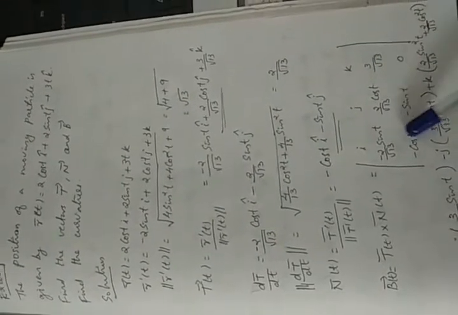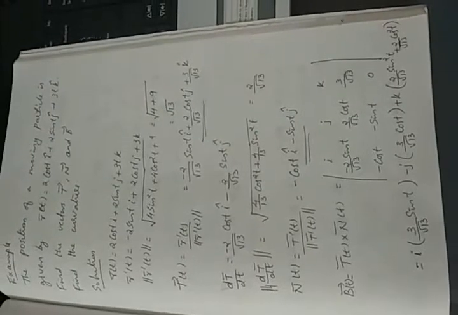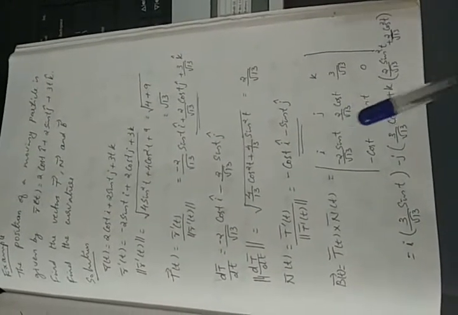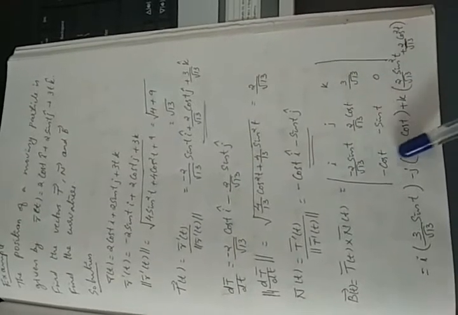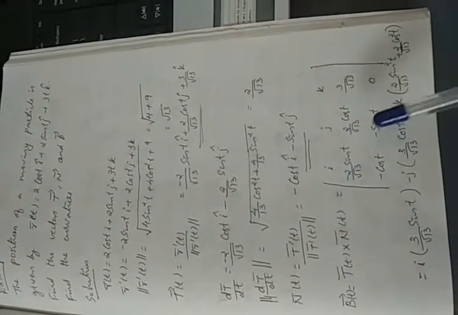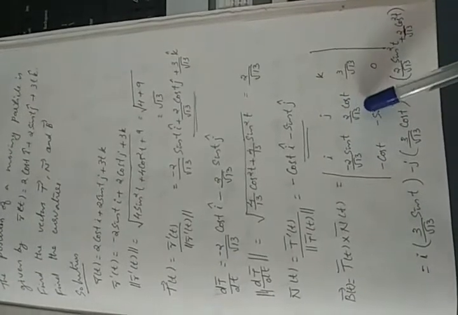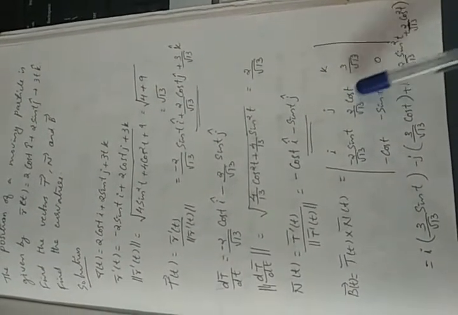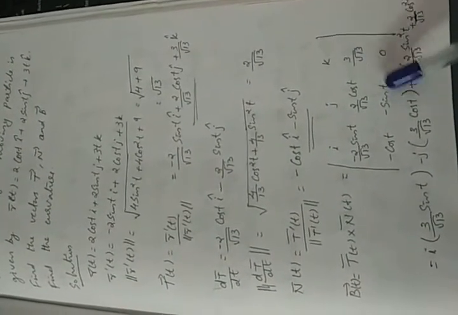Now expanding this determinant, we get vector i into, we delete the row and column containing i, then find the determinant of the remaining 2 by 2 matrix. So i into (2 by root 13 cos t into 0, that is 0, minus 3 by root 13 into minus sin t).